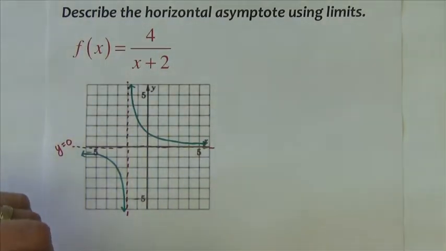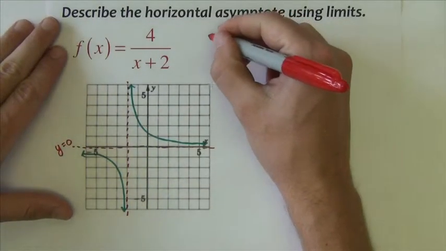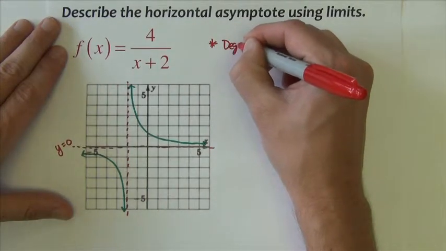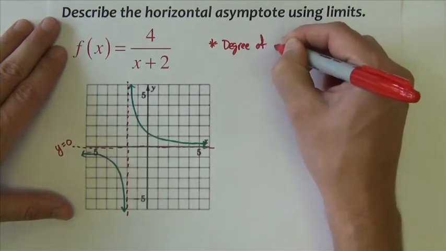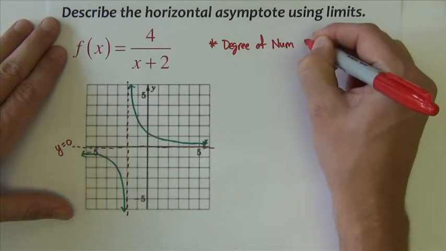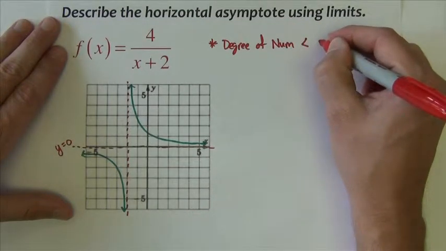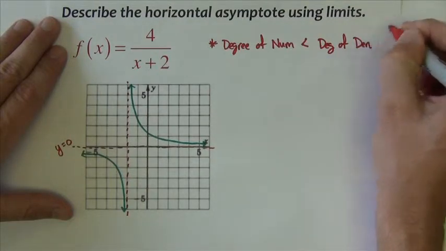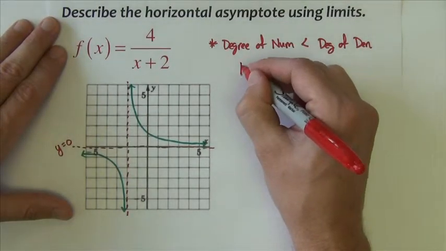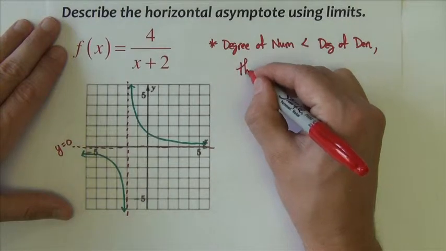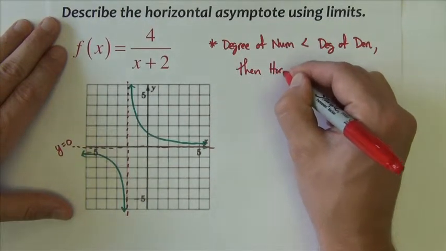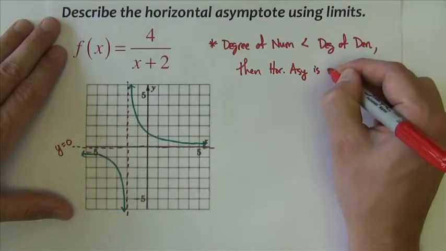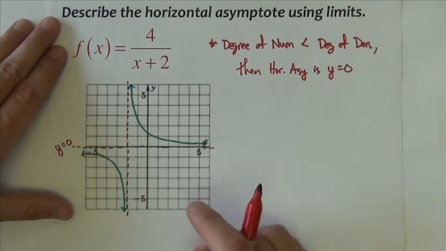Now you will recall that anytime the degree of the numerator is less than the degree of the denominator, then the horizontal asymptote is the line y equals 0.